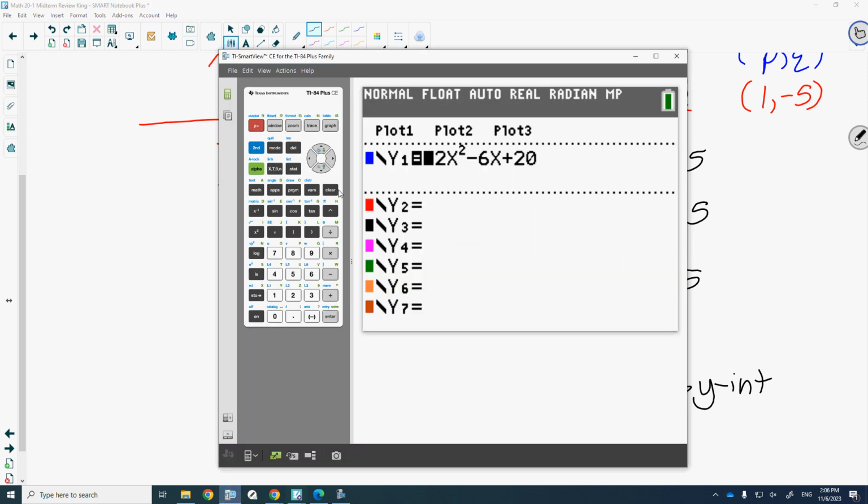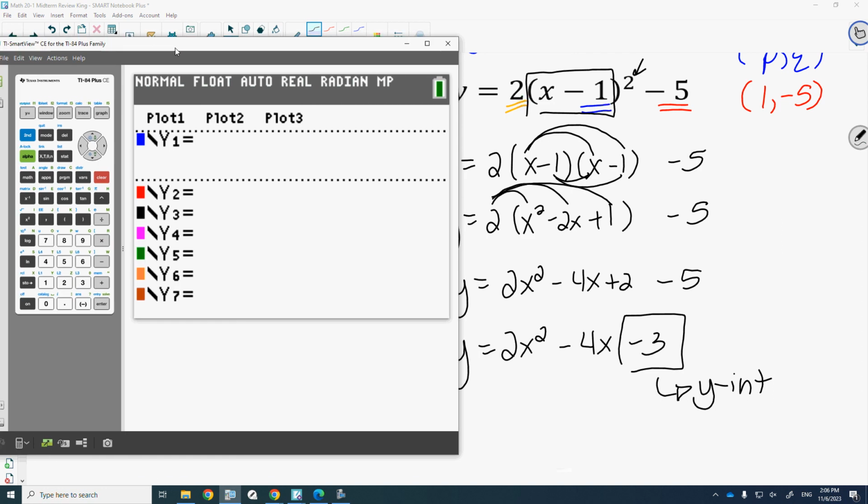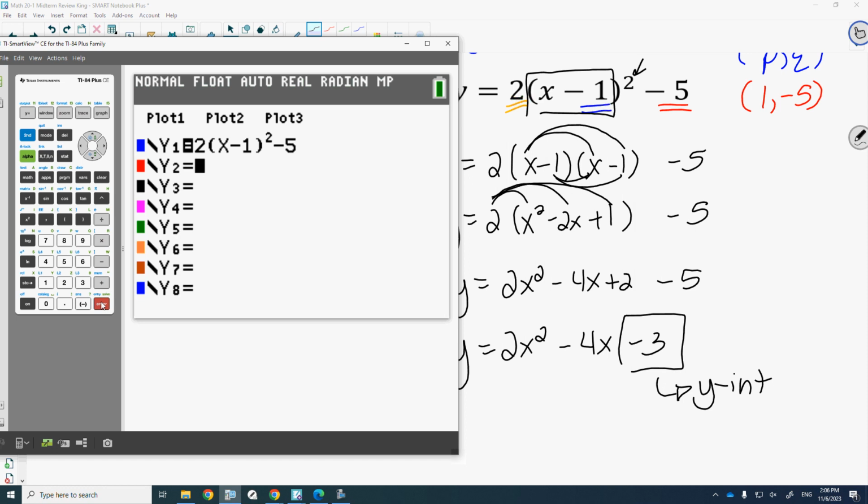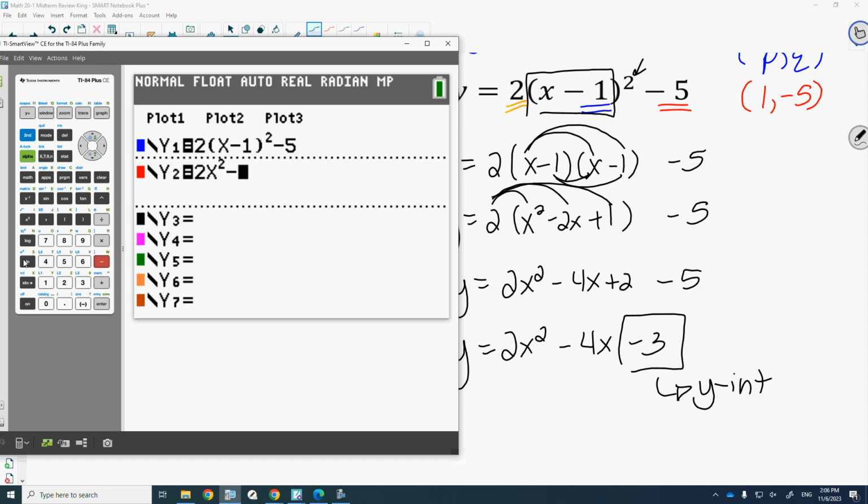Just to check if we did our expansion correctly, the vertex form was 2 open bracket x minus 1 squared, minus 5, and our expanded form would be 2x squared minus 4x minus 3.